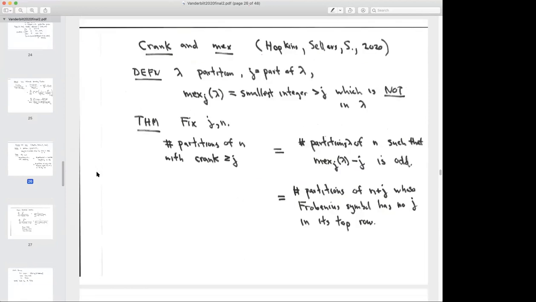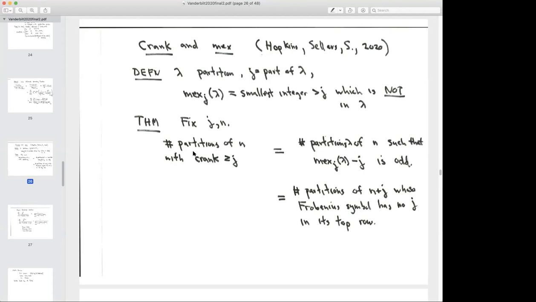Here's another thing called the MEX. This is something that I recently did with Brian Hopkins and James Sellers. Here's the definition of the MEX. Take a partition lambda and j some part of lambda. MEX sub j of lambda is the smallest integer bigger than j which is not in lambda. So if j plus 1 is not in lambda, it's j plus 1. And then here's a way of changing crank statistics into MEX statistics, this theorem.